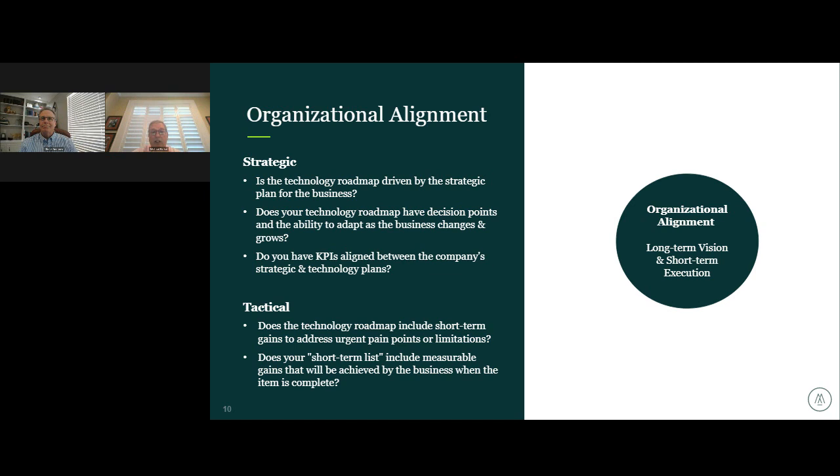So is the technology roadmap really driven by the business plan? And we talked about this a little bit. For each item in your strategic plan, do you have why it's there and what it ties back to in the business? Do you have decision points?